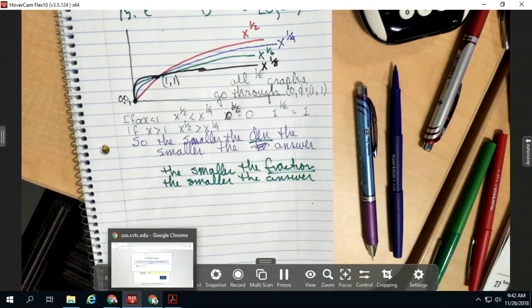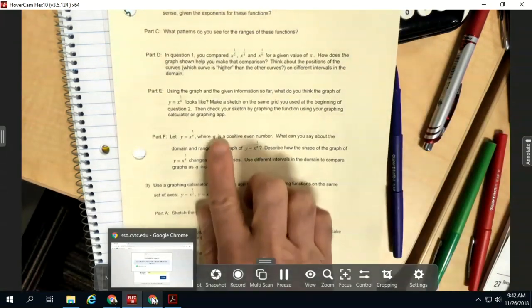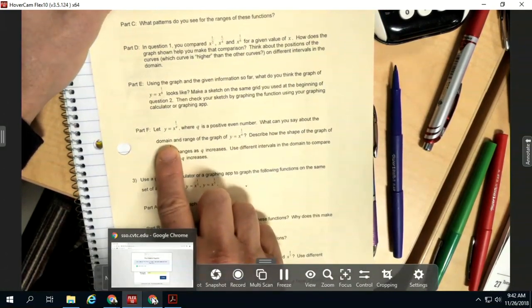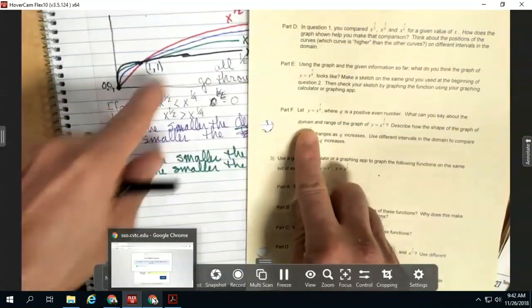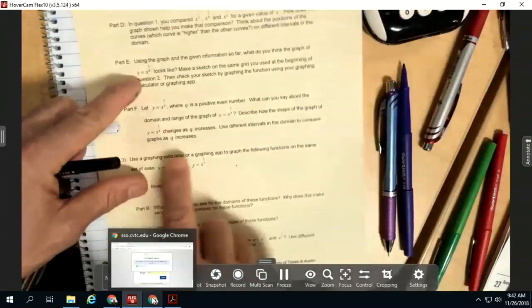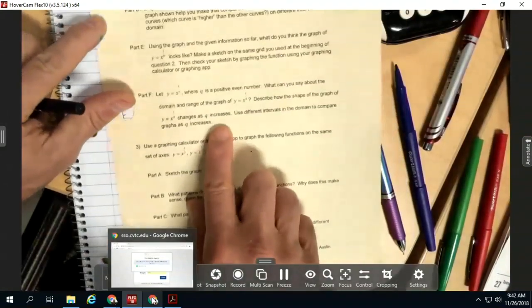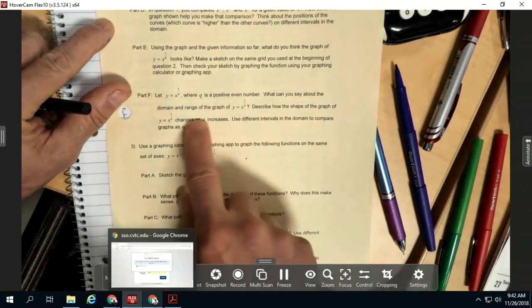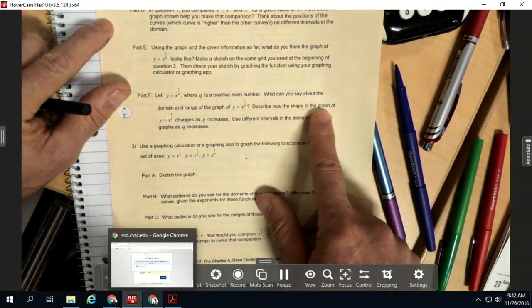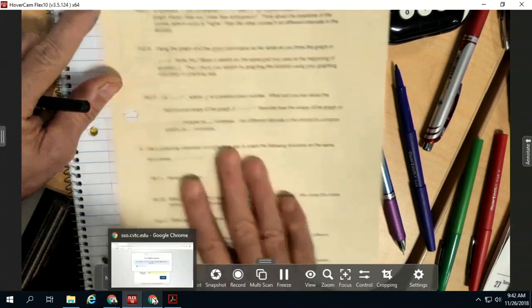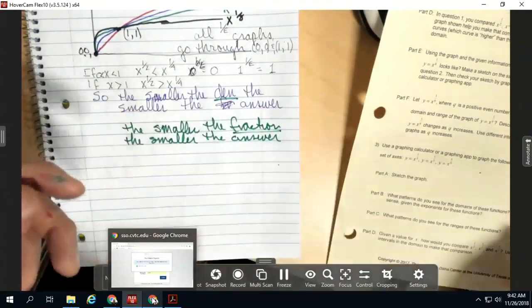Part F says, if Q is a positive even number, the domain is from 0 to infinity. The range is from 0 up to infinity. And then the graph, 1 over Q as Q increases.